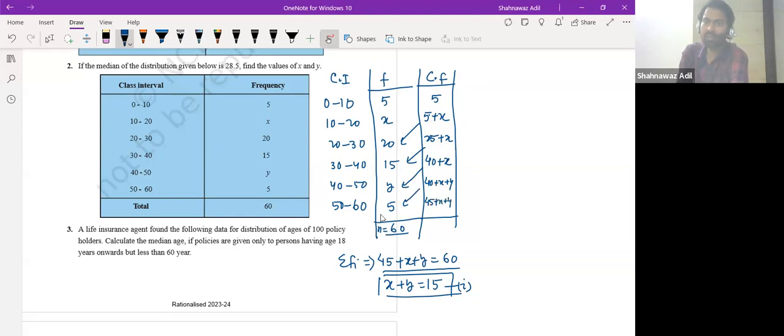So this is our cumulative frequency, and we know that x plus y is 15. Now, where will this N by 2 lie? N by 2 is 60 by 2, which is 30. So where will this 30 be?